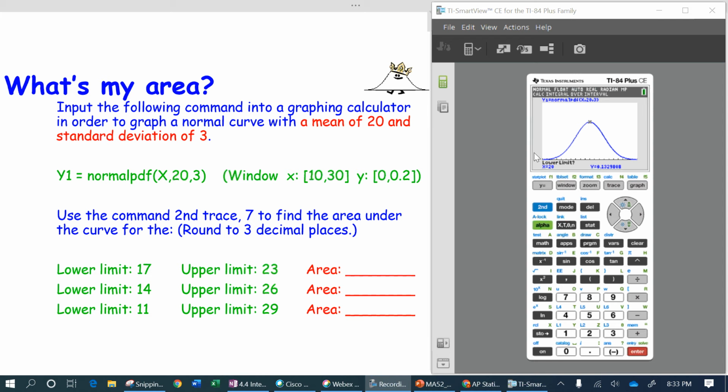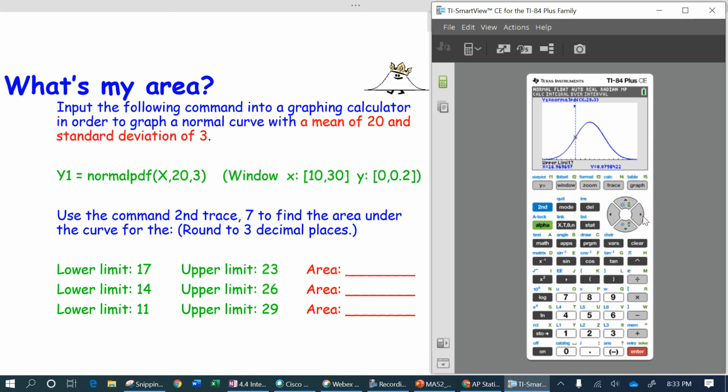And we're going to do that a couple different times as we look here at our lower limits and upper limits. So right now it's asking us for our lower limit, so we're just going to arrow over to 17. And when we get to 17 as close as we can, so 16.96 is a lot closer than 17.12, we'll take that and hit enter for our lower bound.